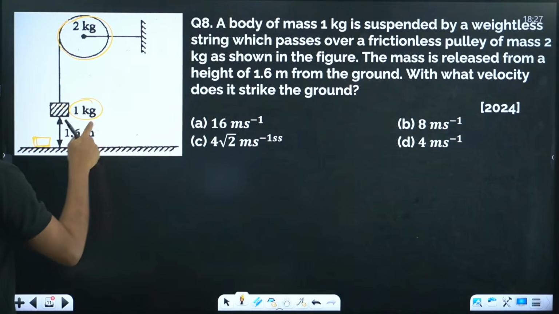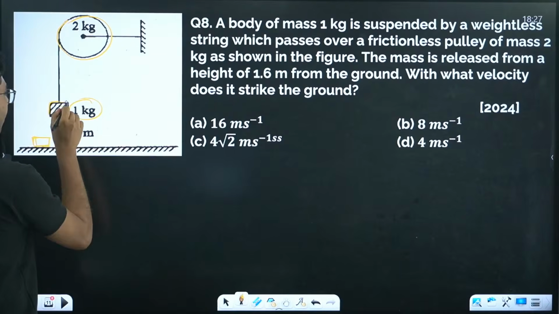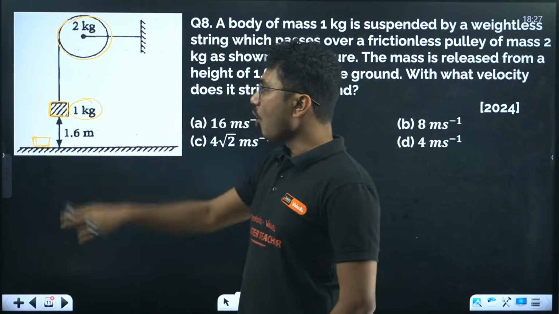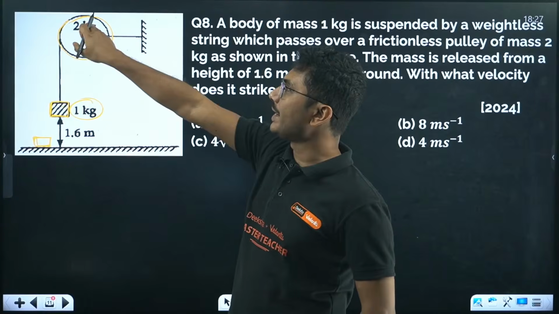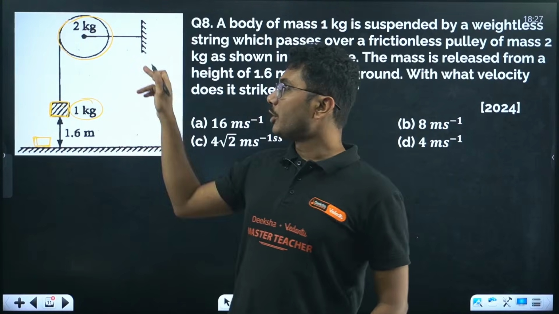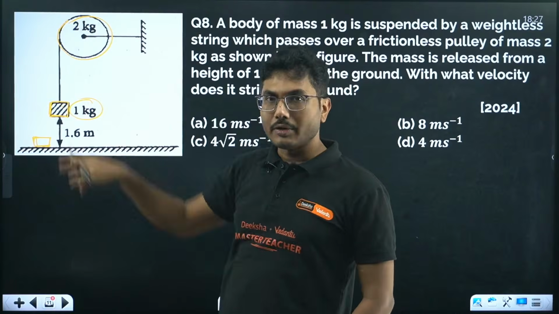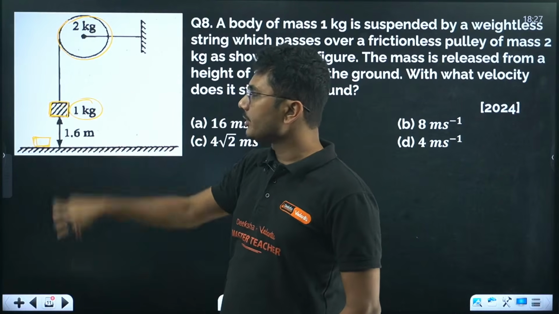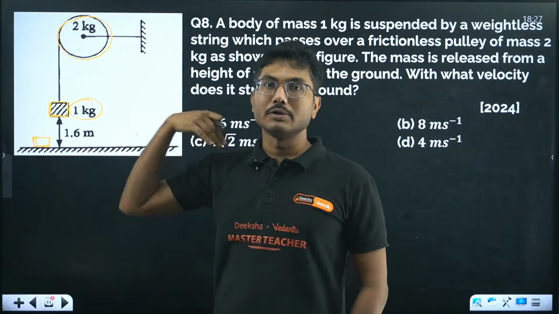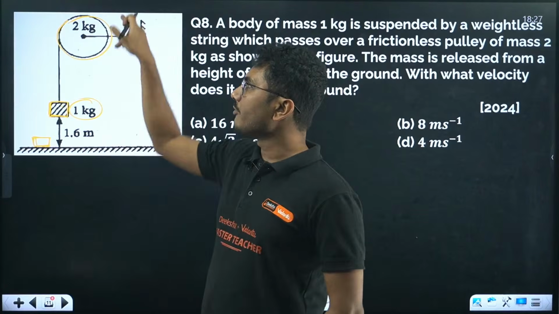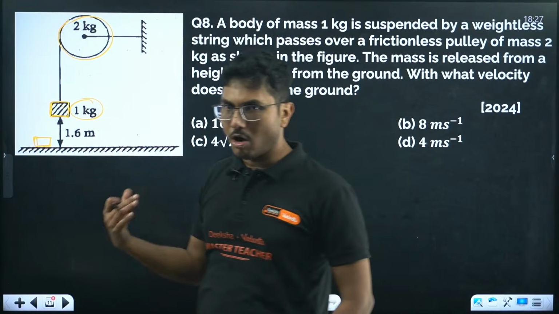That means the potential energy of this object is converted into kinetic energy of this object as well as kinetic energy of this wheel, because when this mass falls, the wheel will also rotate. Whatever is the velocity of this object, the wheel will also take the same linear velocity. Angular velocity will be different, but linear velocity will be same as that of the object.